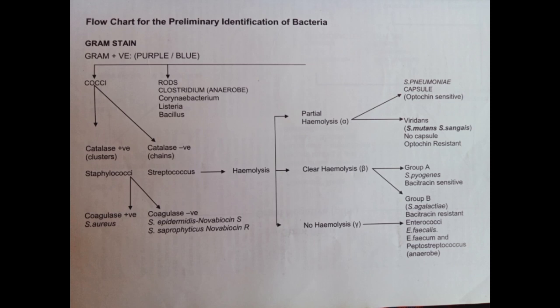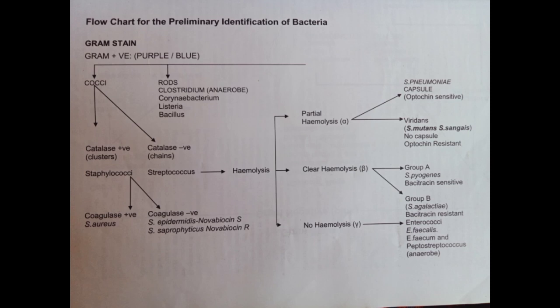So why is it called partial hemolysis? Alpha hemolysis is also called partial hemolysis because this group of bacteria partially hemolyzes the blood cells in a blood culture, while beta hemolysis is called clear hemolysis or complete hemolysis. It breaks down all the blood cells in the blood agar, so that is why it's called clear hemolysis.